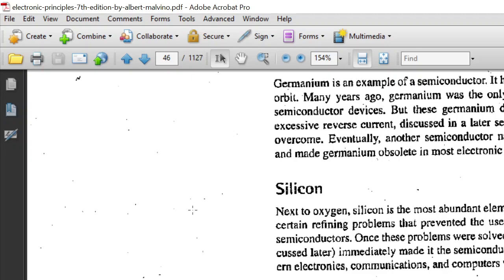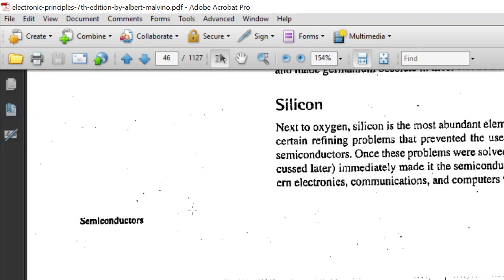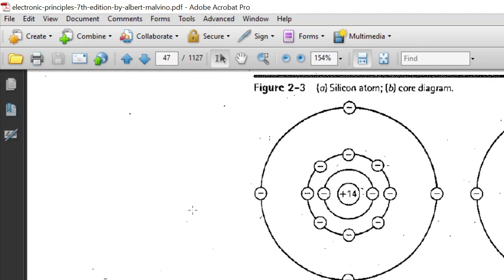If we are talking about germanium devices, we will mention it. If nothing is mentioned, we should automatically assume that we are talking about a silicon device. So please make sure of this.